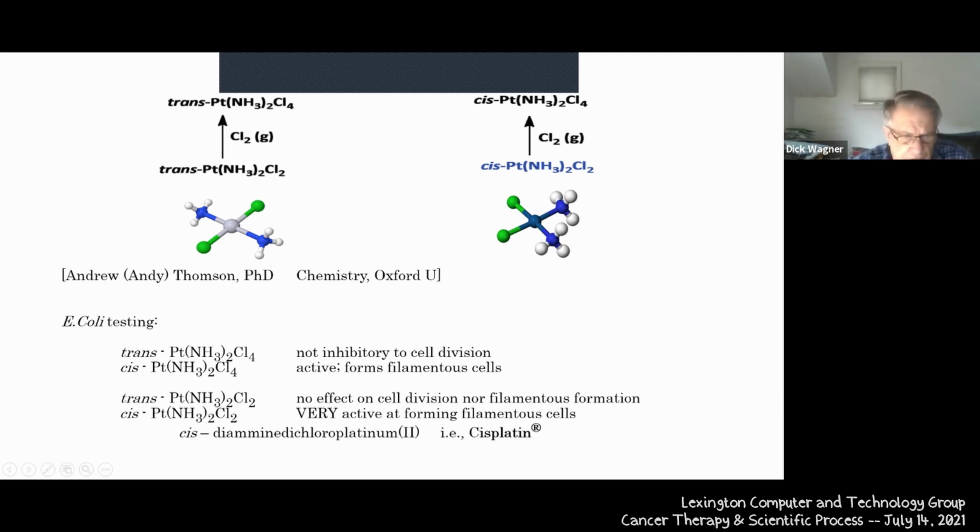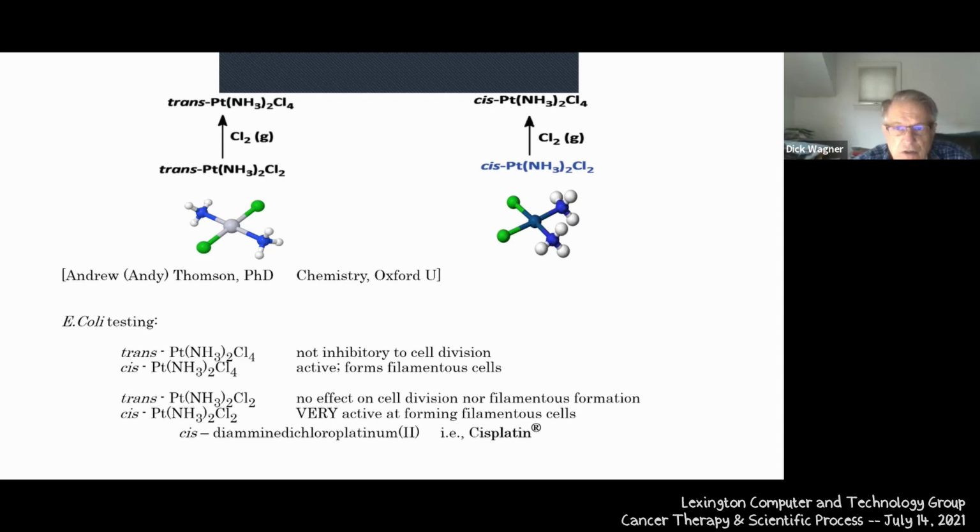Went to E. coli. Turns out that the trans form of the chloride form, that is the trans diamine tetrachloride, is not inhibitory to cell division. It does not inhibit the cell division. The cis form, this one, is active, and it forms filamentous cells.